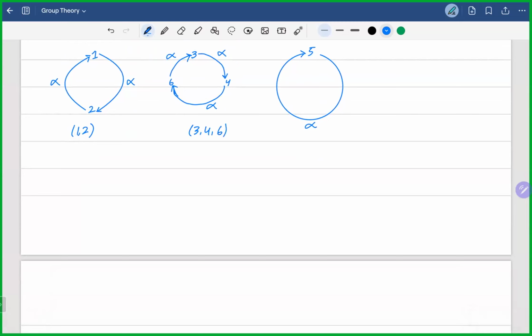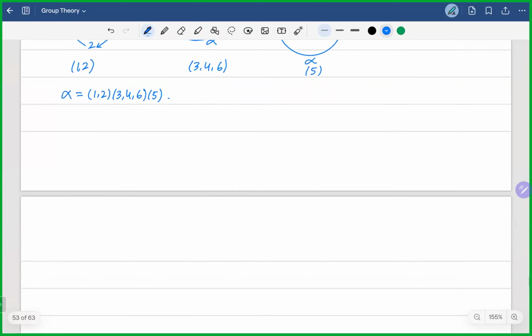We separate them by commas, and what is fixed, we just write like this. And then we combine them. So alpha would be (1 2)(3 4 6)(5). We do not put a comma after the bracket. We just write them like this, and this is alpha.